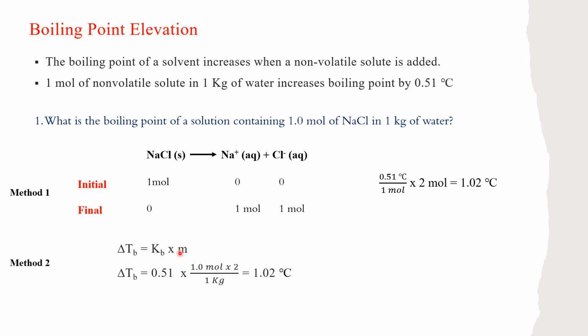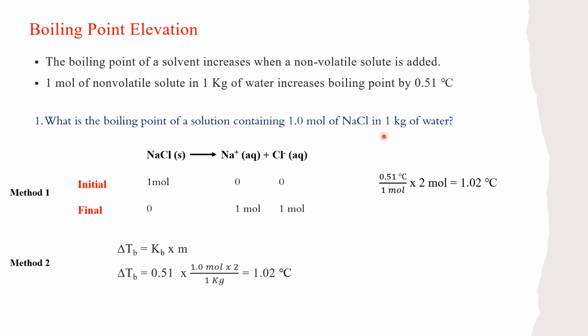The second method is applying the equation we explained in the previous slide. The boiling point elevation is equal to the boiling point elevation constant times molality. Here the boiling point elevation constant is 0.51 degrees Celsius times molality, which is the number of moles, that is 2 moles present in the solution, divided by the kilogram of solvent.